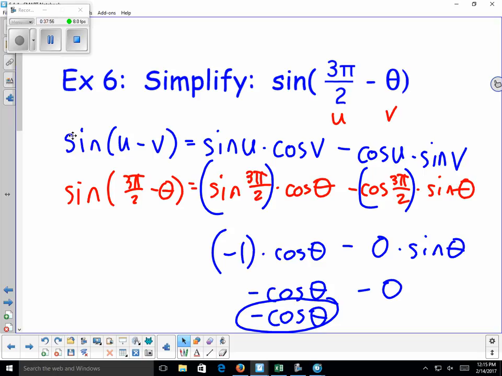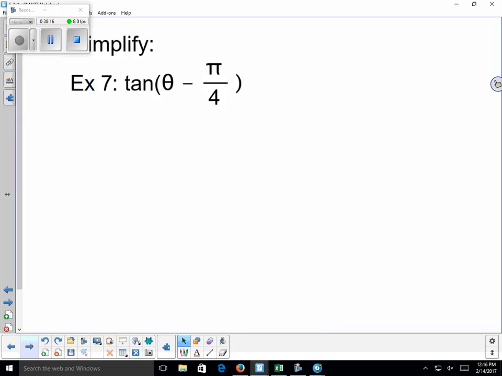Any others that I wanted to do? I think I would like to look at one more. Let's look at number 8. I'm assuming you're all going to be able to do tangent 1.